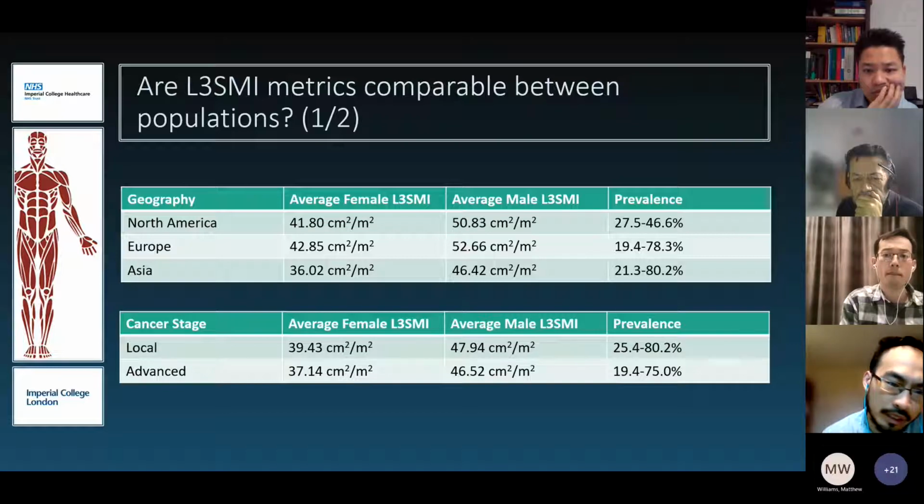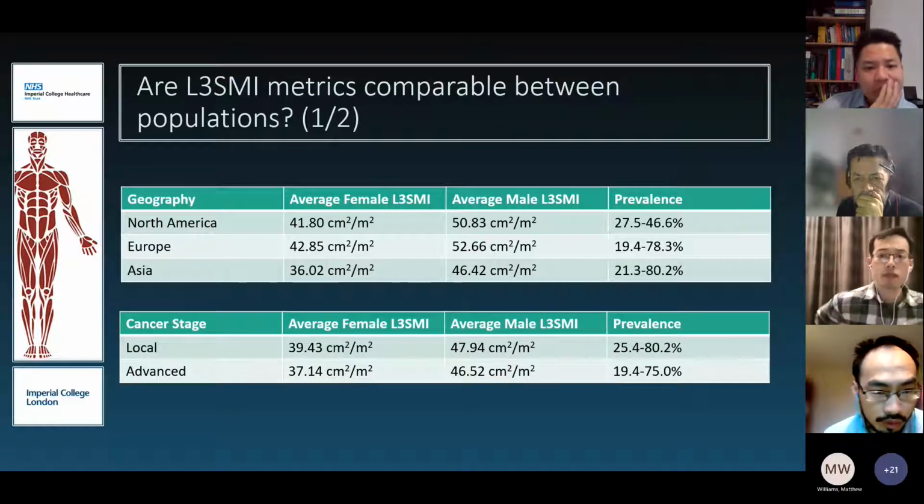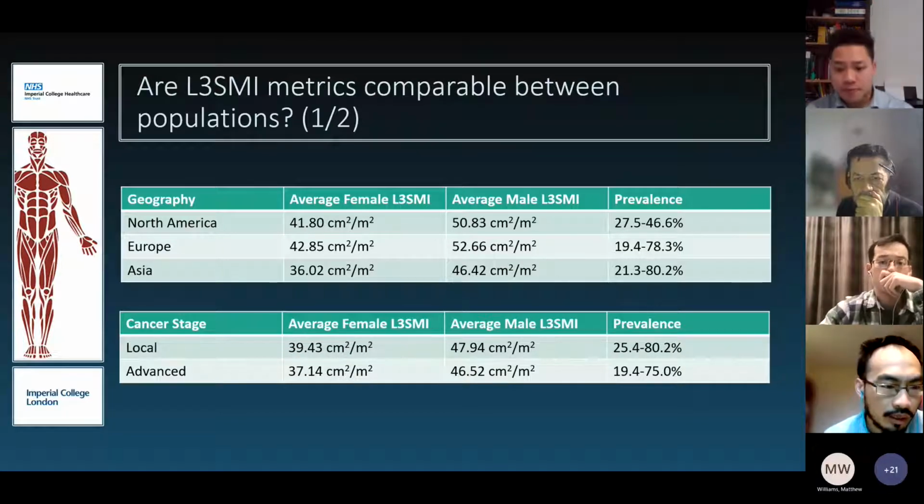So again, that can be relevant, as some studies apply a European cutoff to an Asian population. And similarly, if we look at whether there is much difference in the cancer population, that seems to be less significant than the demographic one.